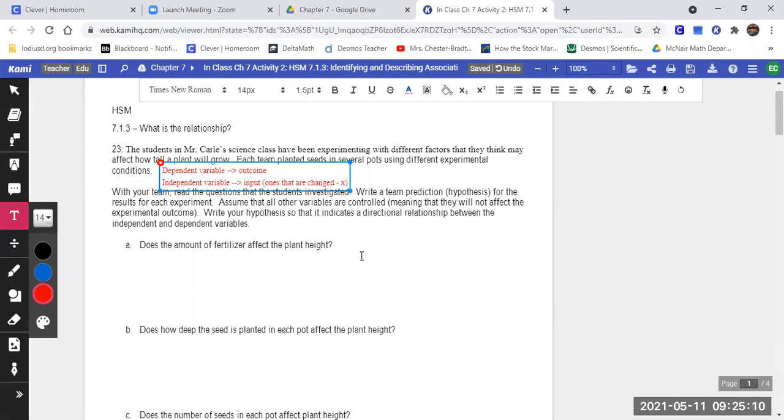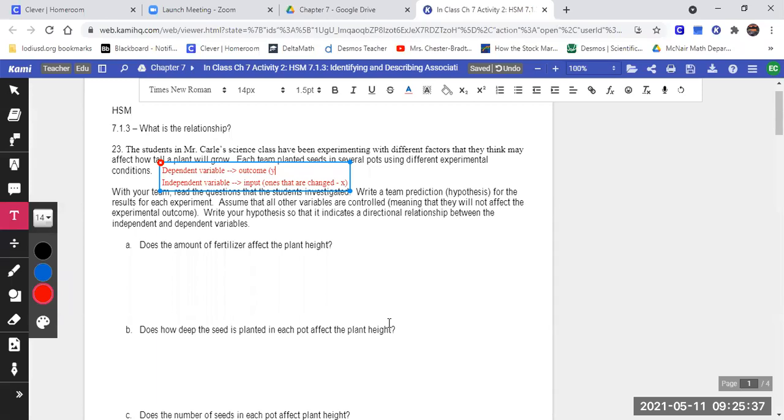So the independent variable, the one that's changed, is the X variable, which means that the outcome, the dependent variable, is which letter? Who's left? If the input is the X, then the outcome must be which one?